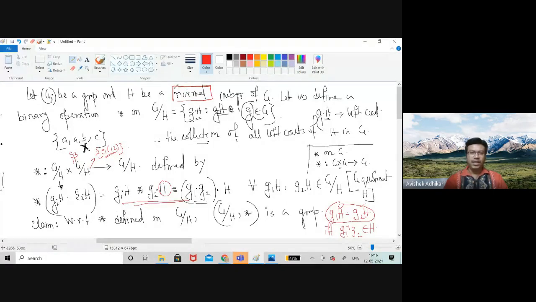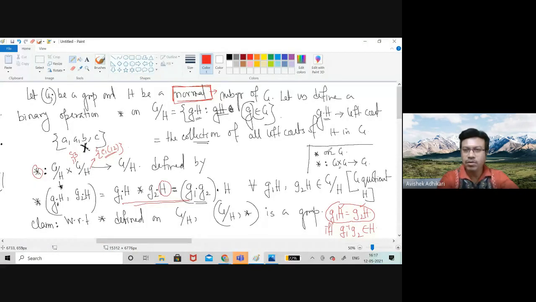But if you assume that H is a normal subgroup, then suddenly the property will be satisfied and you will be done. So that's why the normal subgroup plays an important role here. Unless you have a normal subgroup, you won't be able to get the well definedness property if you define the star in this way.